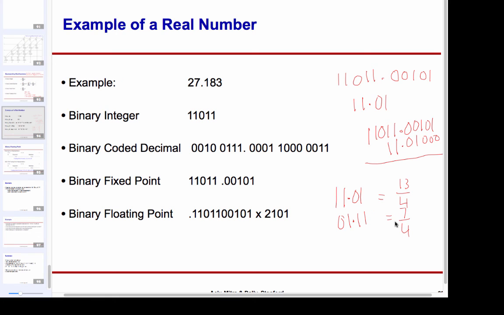If I were to add, I'm okay because the denominator is the same, but the moment I multiply them, then 13 over 4 multiplied by 7 over 4 suddenly gives me 13 times 7, which is 91, divided by 16. So now I have a different factor attached to it, and that would mean that the product would have 4 digits to the right of this binary point.